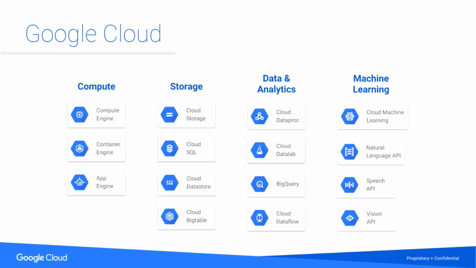And then we have the machine learning tools. So we have Cloud Machine Learning, which is our managed TensorFlow environment for running and training models. And then we have our pre-trained models that represent the best models known to date for natural language processing, Speech API, Vision API, and these are pre-built for you by Google.